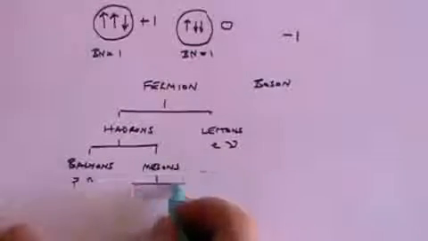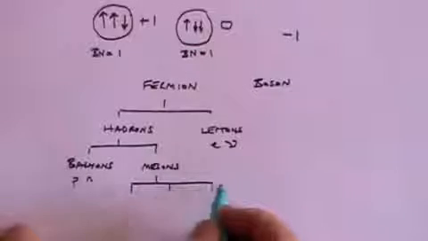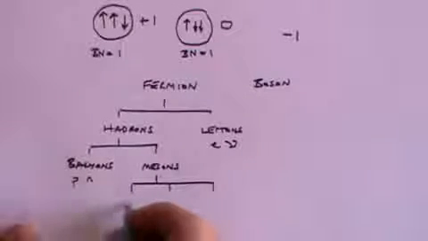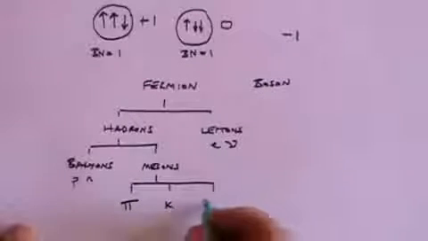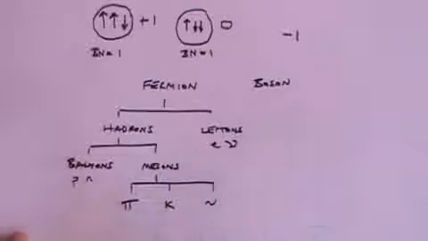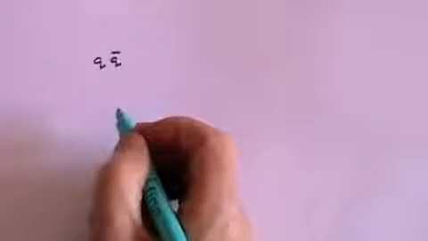Well, you can have, as we shall show in a moment, pi mesons, K mesons, and some other mesons which you don't need to know about for A level. Mesons consist of a quark and an antiquark pair.